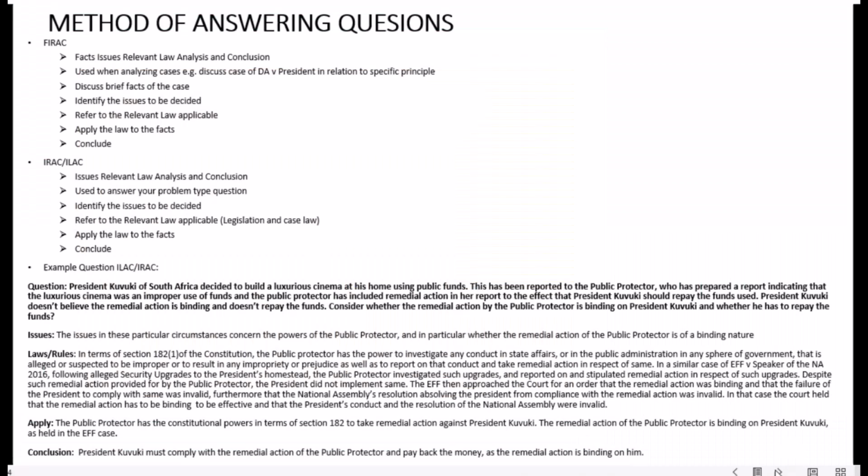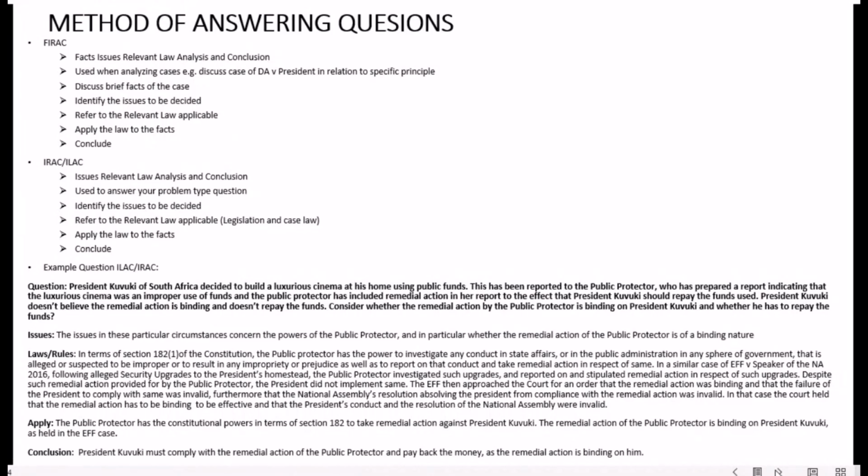Okay, colleagues, so you can do a bit of research on this method of answering questions known as FIRAC. It's usually used in the legal discipline for when you need to give an analysis of a case, or if you need to answer problem type questions.